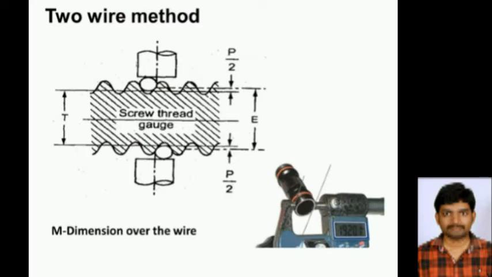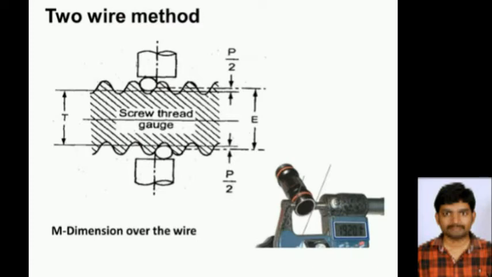So d is the diameter of this wire, and we can see the rod has entered the thread, and some portion of the rod is below the pitch line. There is a pitch line and the wire's lowest point, and that gap is equal to P by 2. Similarly on the other side we have P by 2.